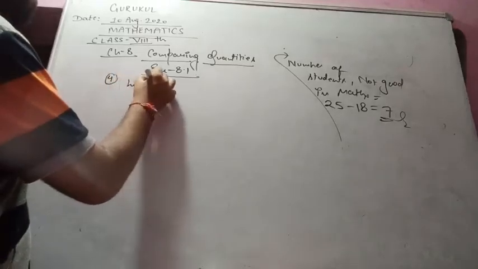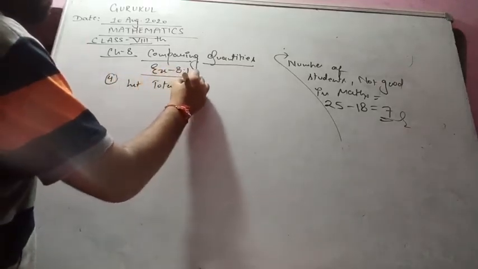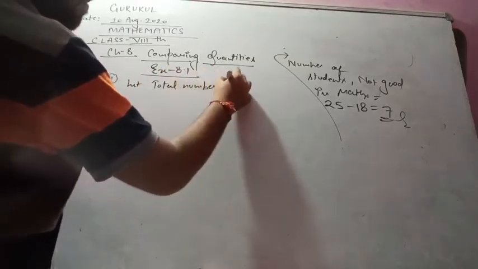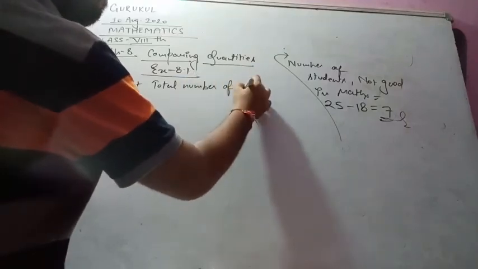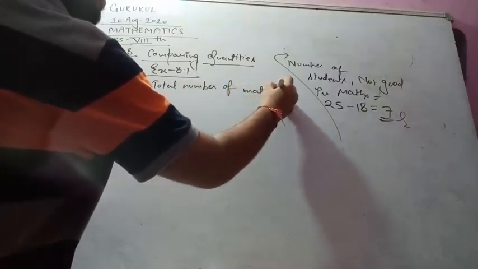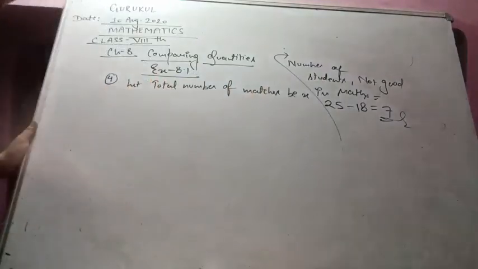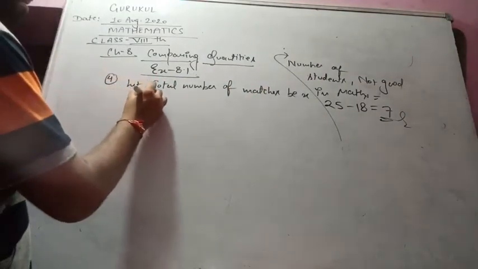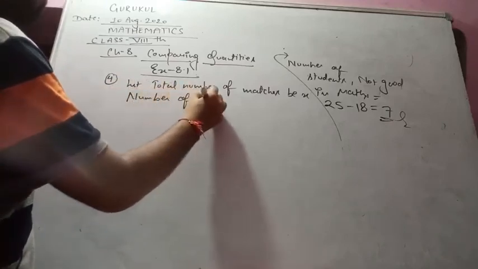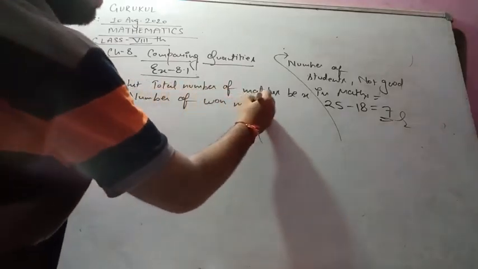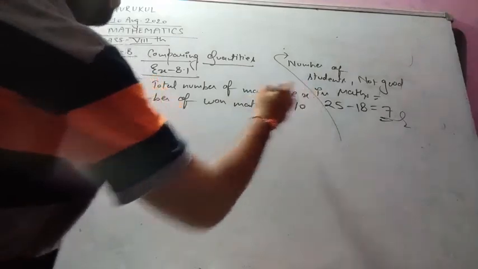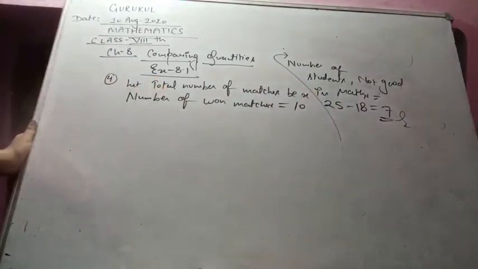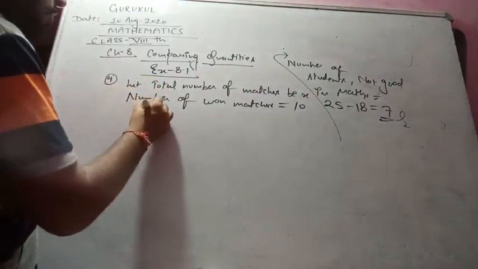So let the total number of matches be x. How many matches have they won? 10. Number of won matches is 10. What is their winning percentage? That is given. Win percent 40.